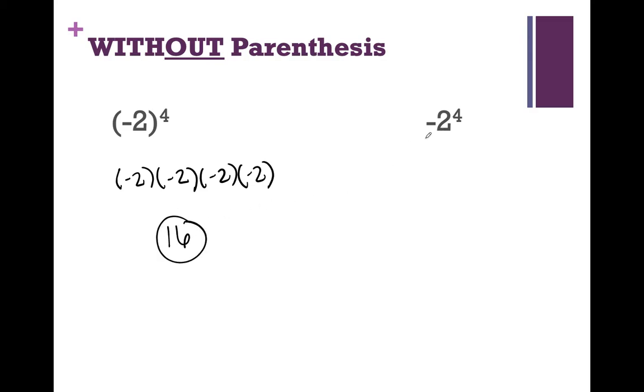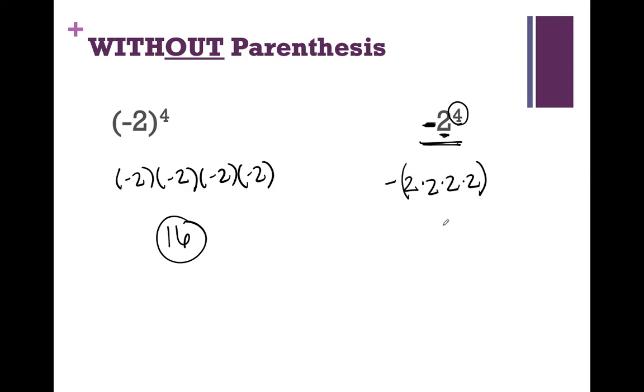For the example on the right, without parentheses, this looks a little bit different. So we actually are not calling this base -2. The base is 2. We're raising 2 to the 4th power, and then you're making your product negative. So it kind of looks more like this.